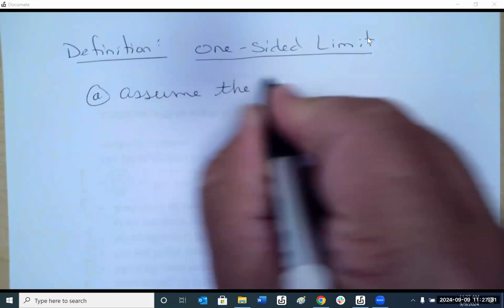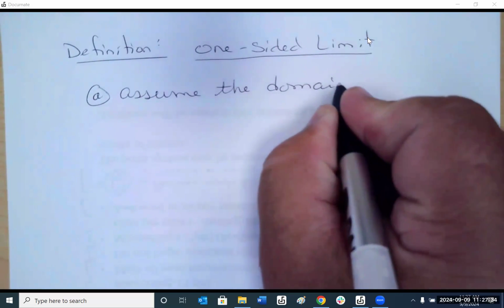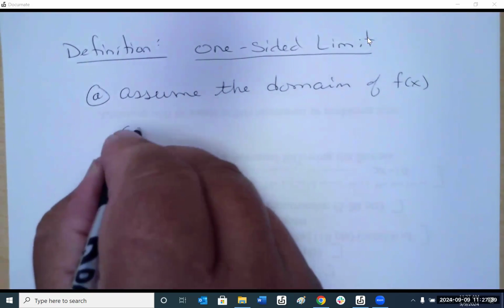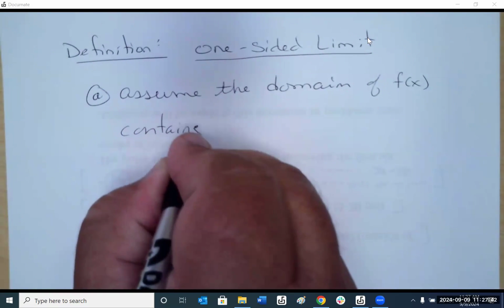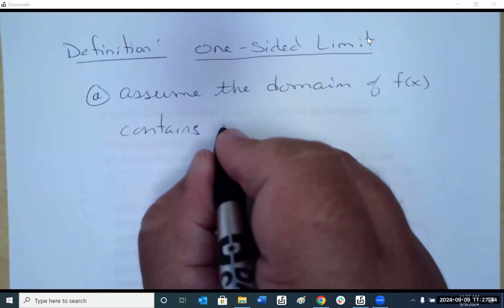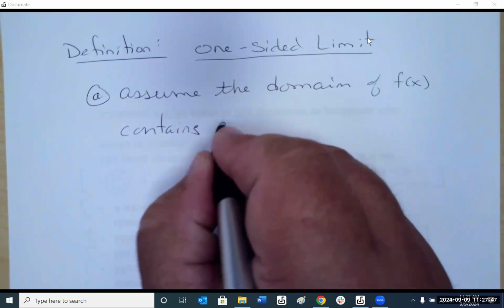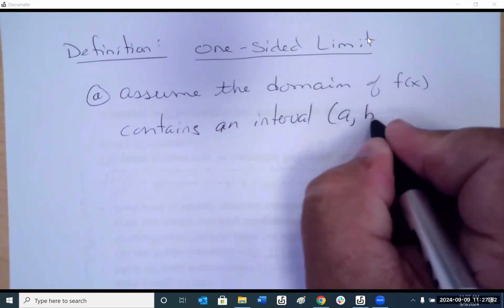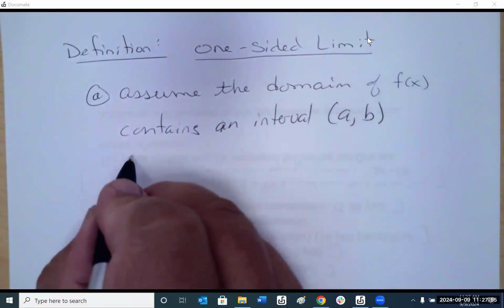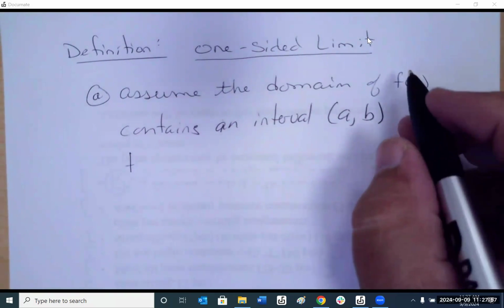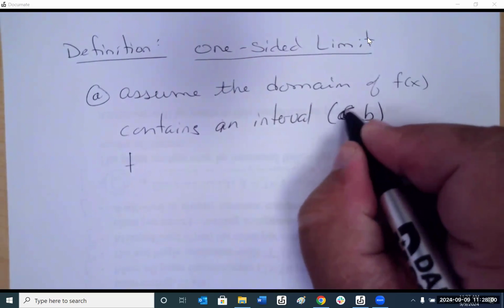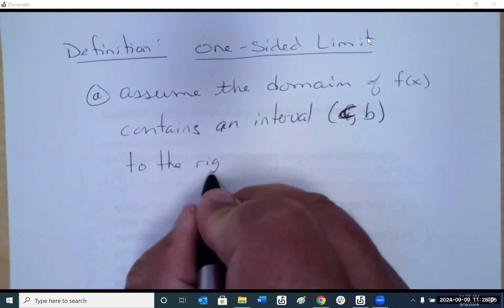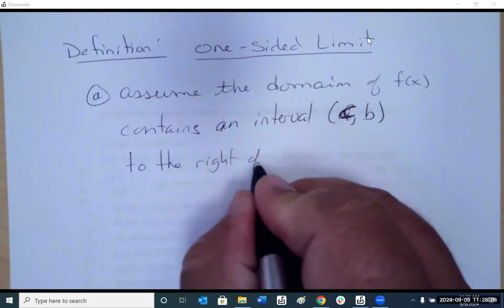Assume the domain of our function contains or is contained in an open interval. No, not AB. It's CB. To the right of C.